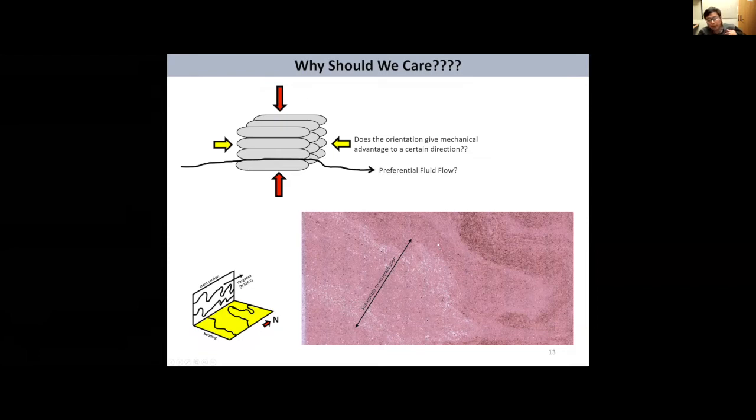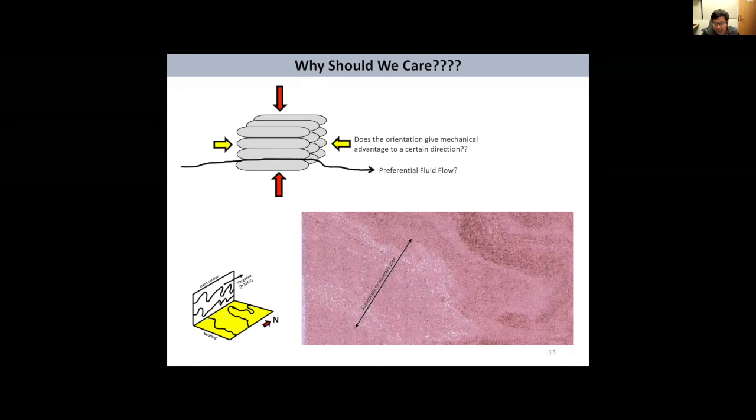So if we believe that the spicule orientation may influence a preferential fluid flow to a certain direction, and if we also link fluid flow to mineralization, in this case dolomitization, it is possible that this pattern is also influenced by the spicule orientation, if that makes sense.